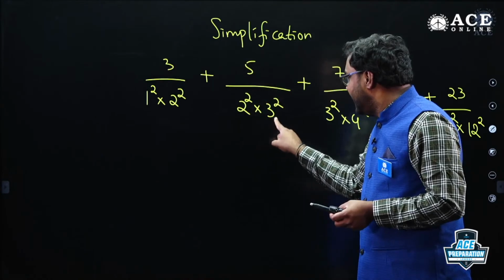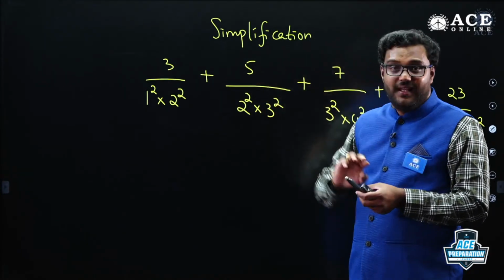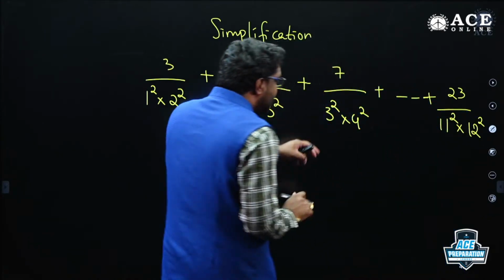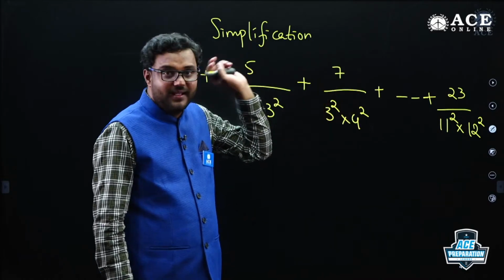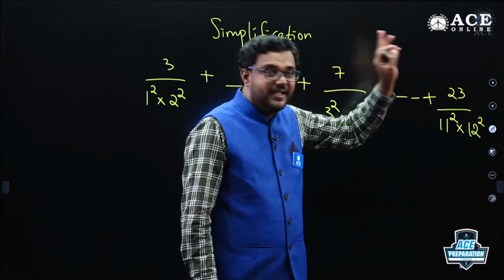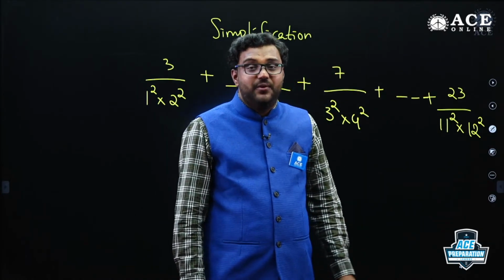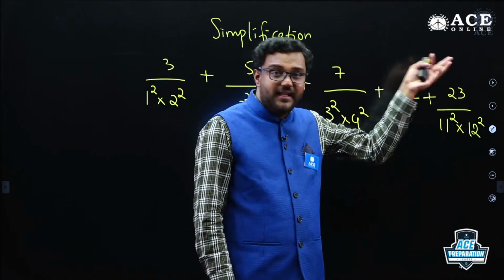Here, 4 and 9, 2 square is 4, 3 square is 9, difference 5 is there in the numerator. And here, 3 square 9, 4 square 16, difference 7 is there. Here, 121, 144, difference 23 is there in the numerator.